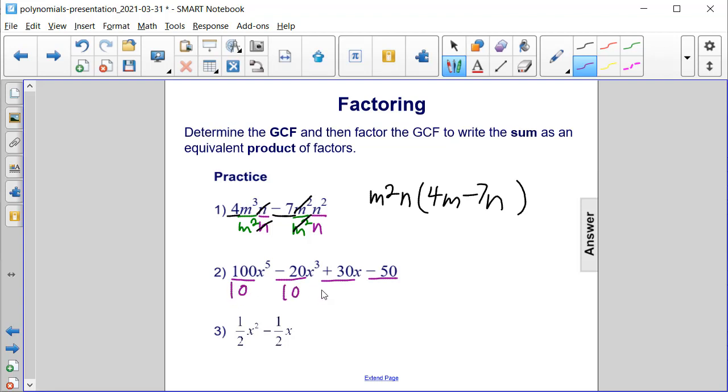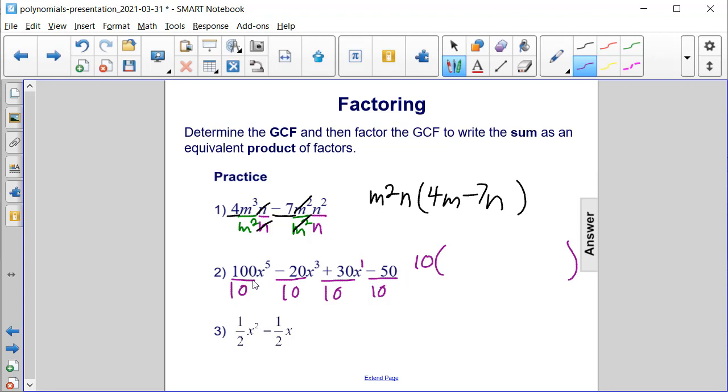So if we divide all of these by 10, we can rewrite it out here. And then we will fill in the parentheses after we determine if any variables can be factored out too. We have x to the 5th, x to the 3rd, x to the 1st, but this one doesn't have any x's. So actually we can't factor any x's out.